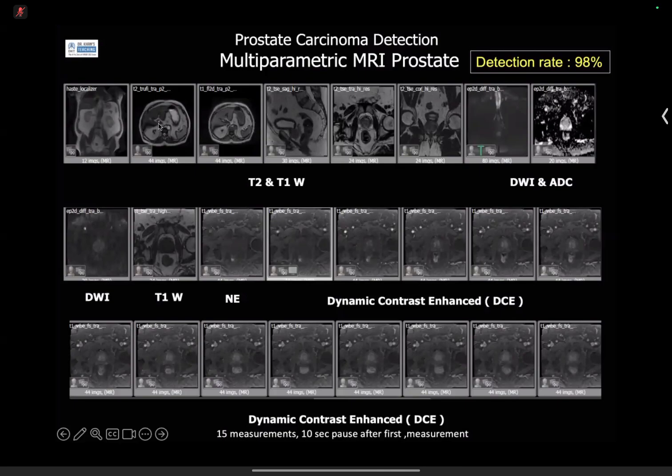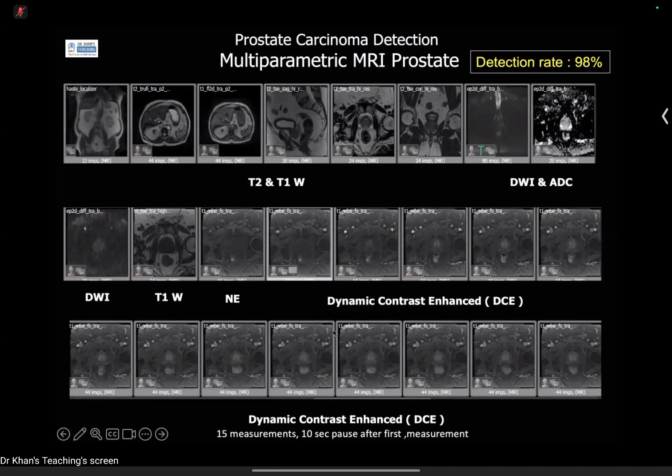Some departments do upper abdomen also. Some do not do upper abdomen when they do prostatic scan. And you particularly have to rule out any para-aortic adenopathy. You have to rule out any hydronephrosis in the upper abdomen.